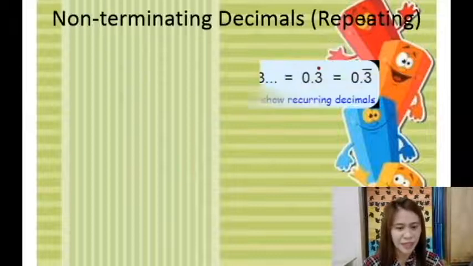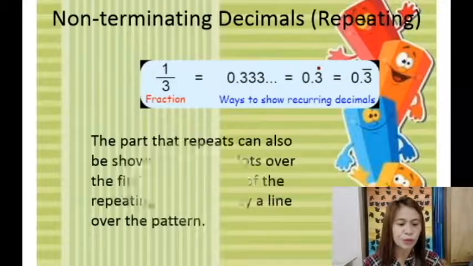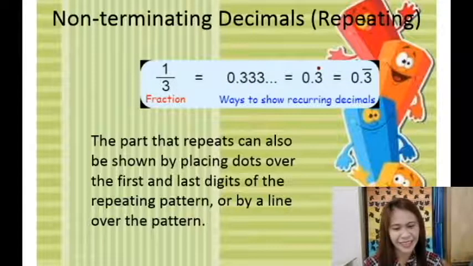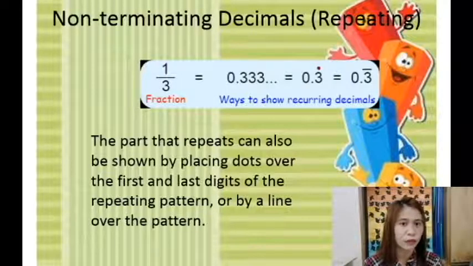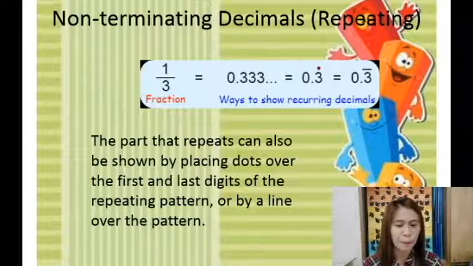Now, we have another way to show recurring decimals. The part that repeats can also be shown by placing dots over the first and last digits of the repeating pattern, or by a line over the pattern.